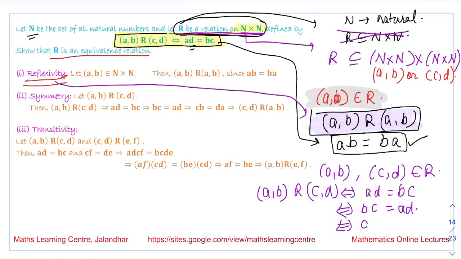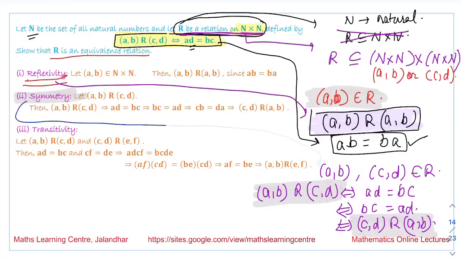And this implies that (C, D) is related to (A, B). That is, we have proved that if (A, B) is related to (C, D), then (C, D) is related to (A, B). It means this relation is a symmetric relation.